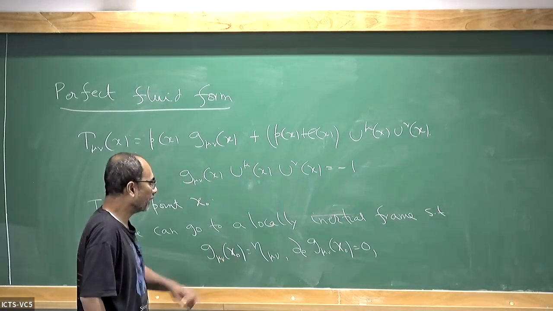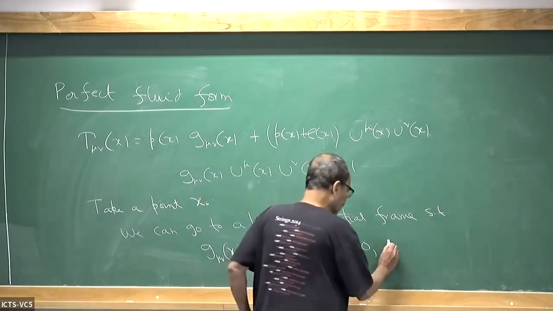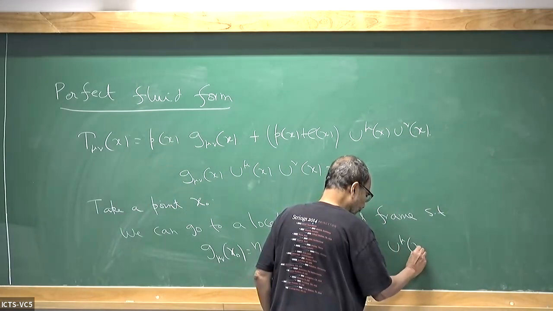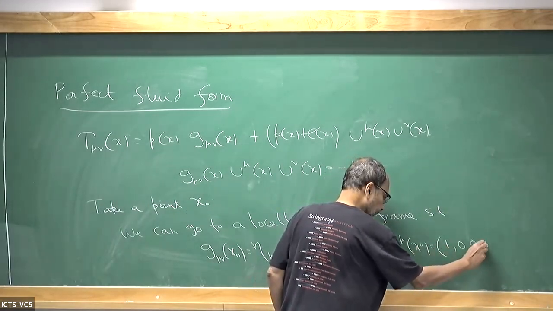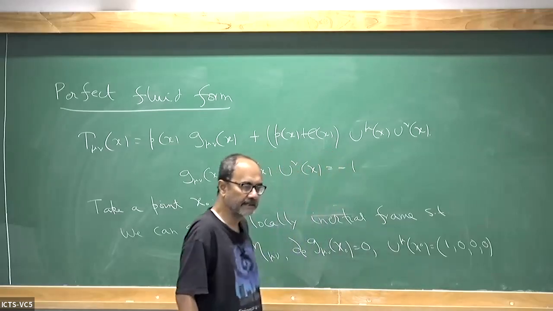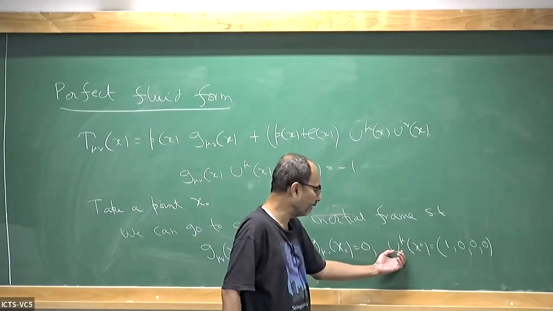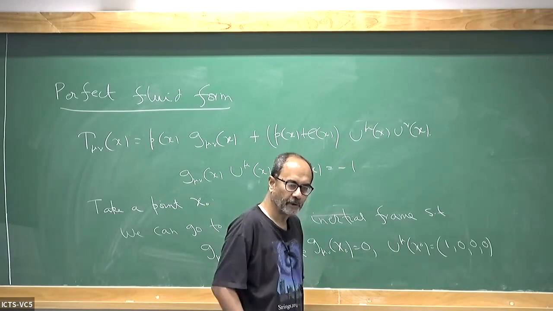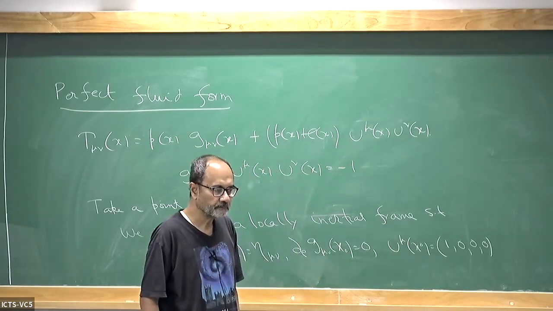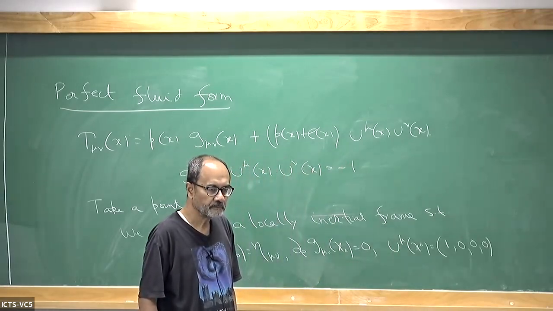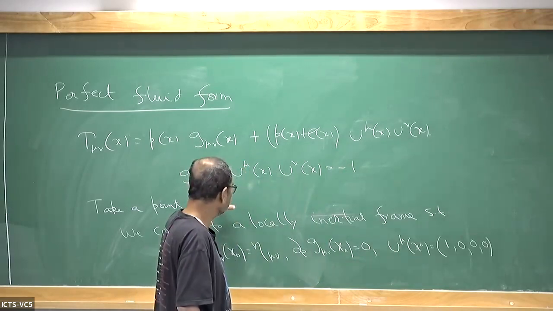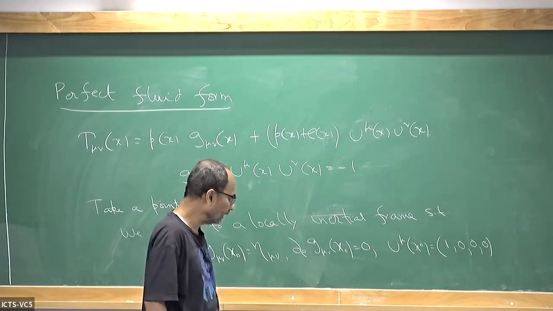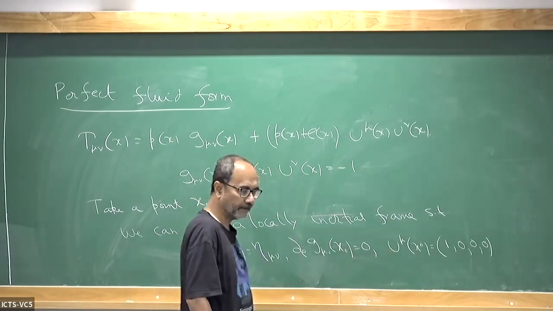So using that Lorentz transformation, we can bring u mu to the form where u mu of x naught is just 1 0 0 0. Okay, just go to a boosted frame in which u mu is purely time-like. Is that clear? Because this condition has to be satisfied, right? Eta mu nu u mu u nu has to be -1, but we can take it to purely time-like.